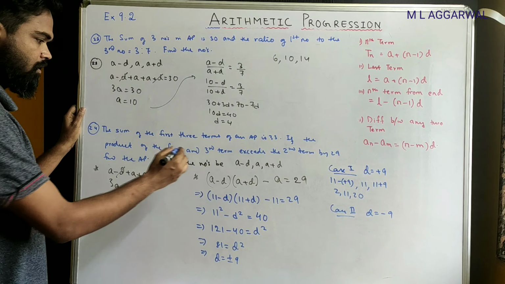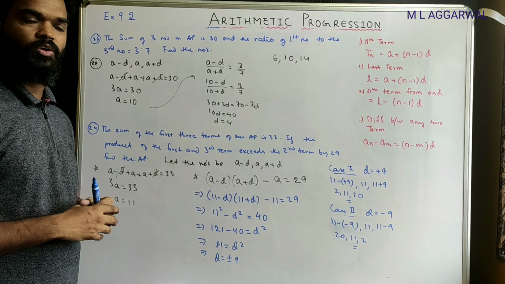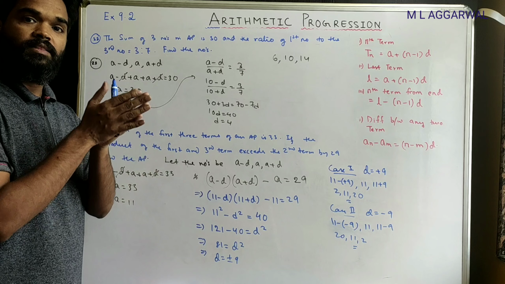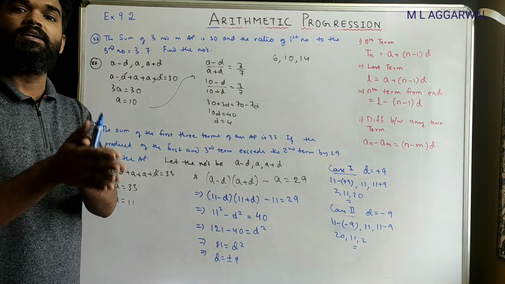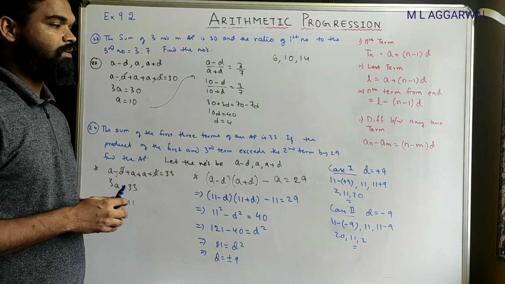I'll just put the values: 11 plus 9, that's 20, 11 and 11 minus 9, that's 2. It remains the same. Clear? So keep it till here for this chapter. In the next video, we'll look at how to find the sum of n terms of an AP. Till then, take care.